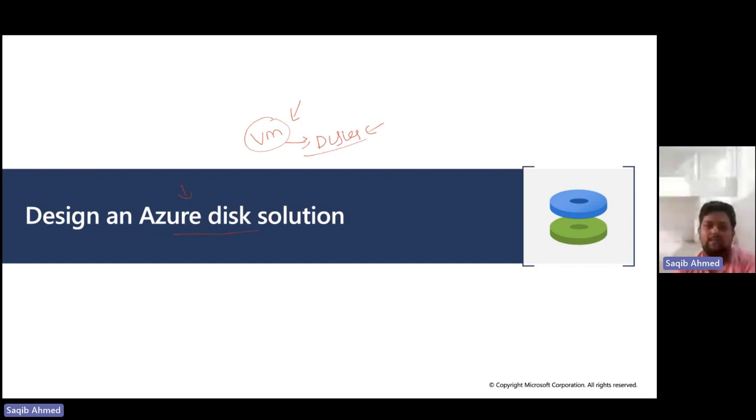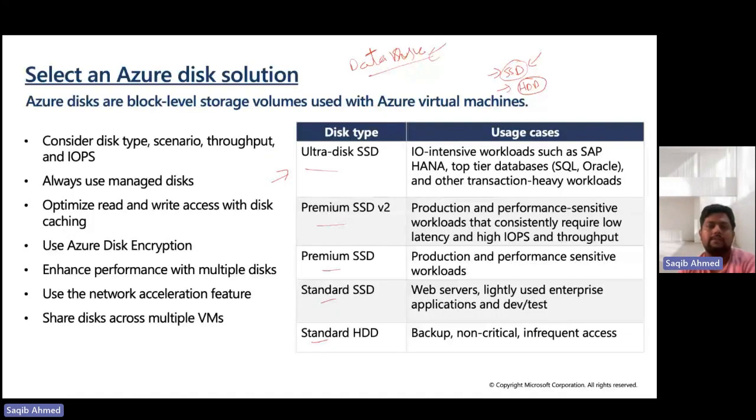It doesn't make sense for me to launch something under an HDD mechanism and request a higher input output mechanism. That would create performance issues, right? So just to have that understanding, you will look at these solutions before you decide what type of data disk should be a part of your VMs.